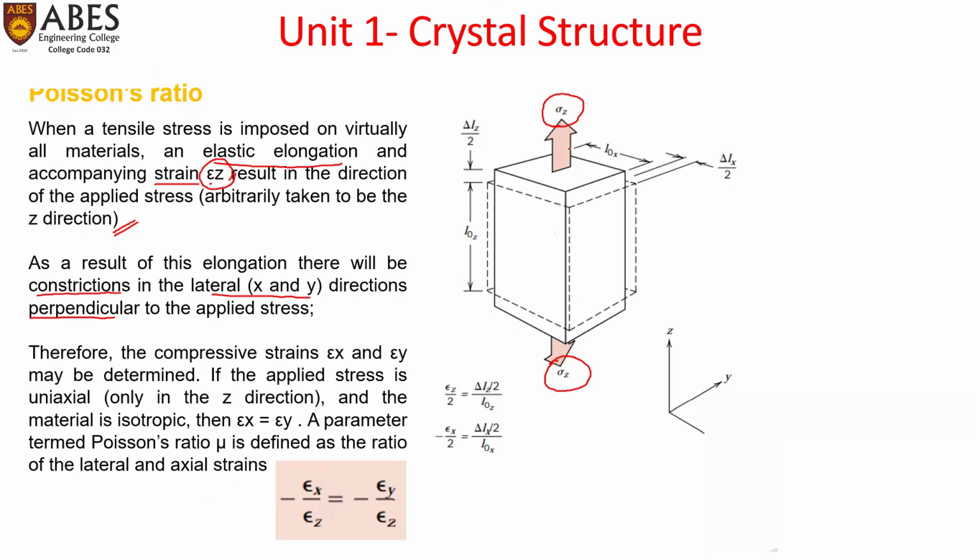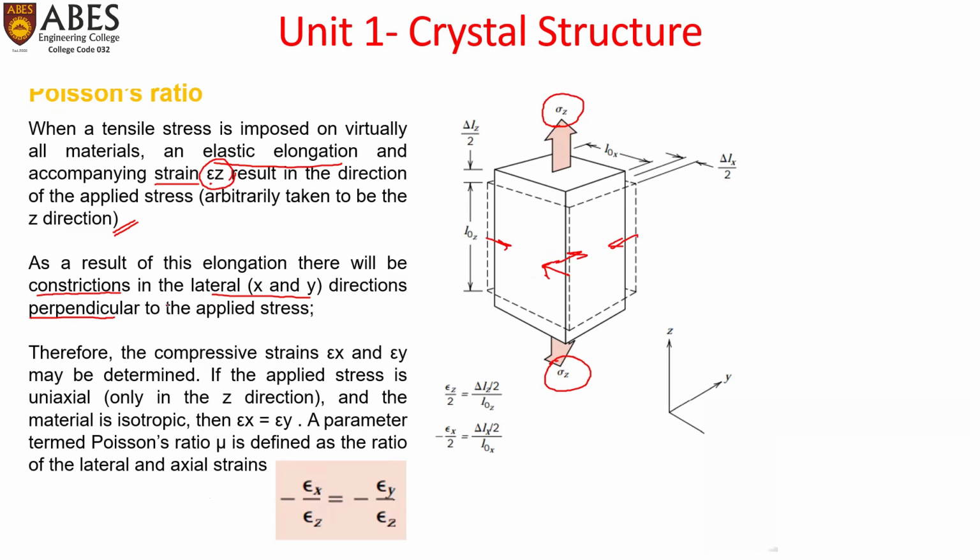So perpendicular to the applied stress means the other two axes, y and x, will move like this, and also like this. There will be deformation in the x and y axes also for z-axis loading.